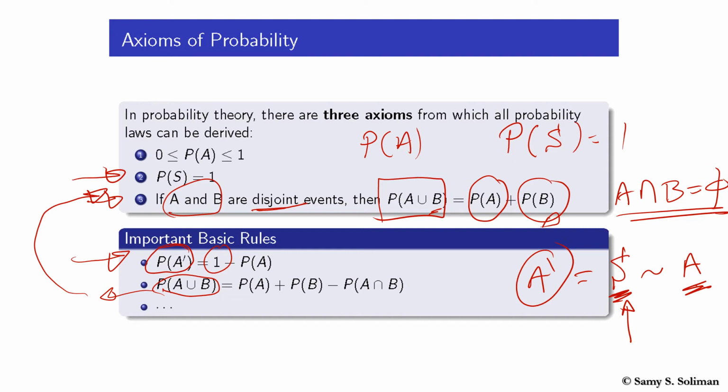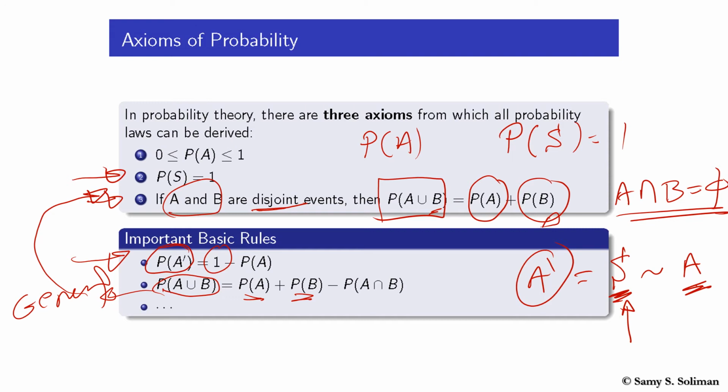For the general case, for any two events A and B, the probability of A union B is the probability of A plus the probability of B. But while calculating these probabilities, we calculated the probability of the intersection twice, because the intersection of event A and event B is part of A and part of B.